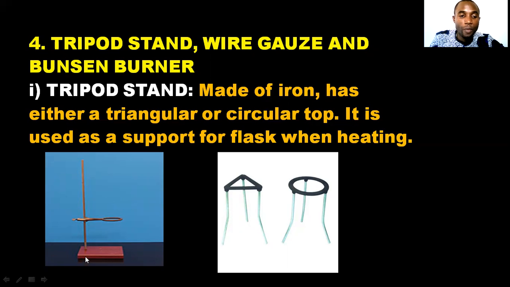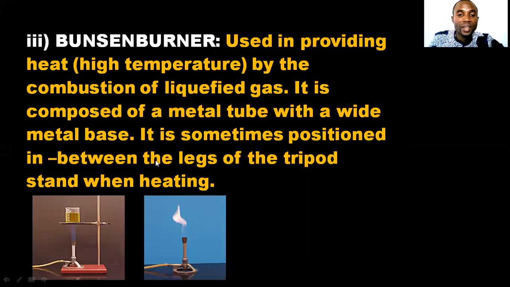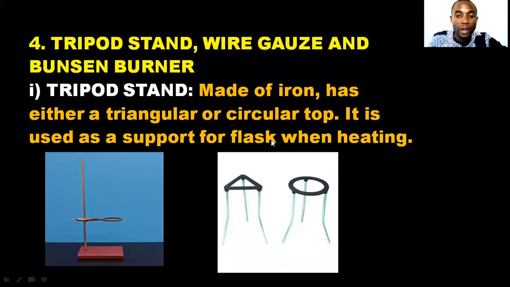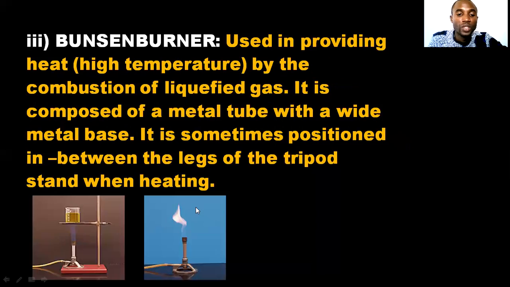This one we have the name for, I will talk about that. When you put the Bunsen burner in between the legs of the stand, it is still used for heating, either this one or the other stand.